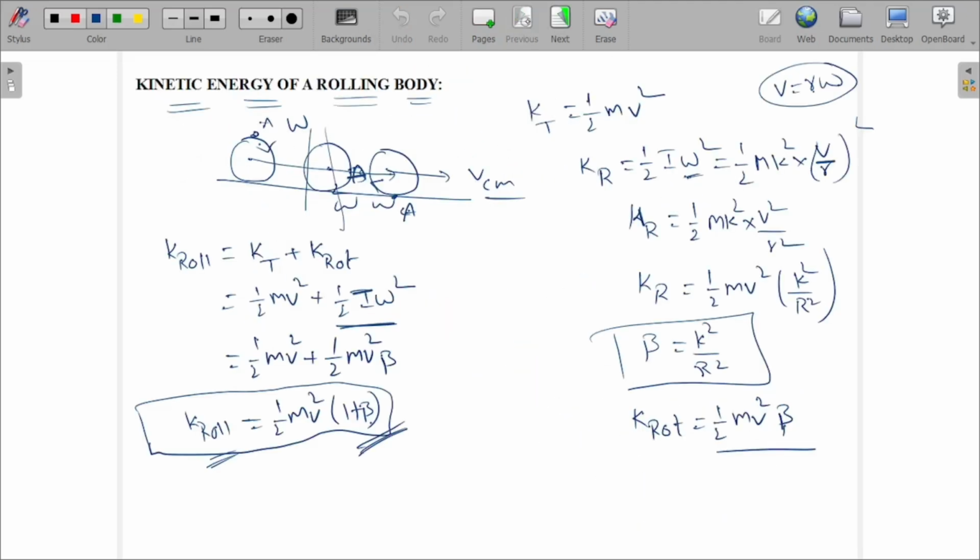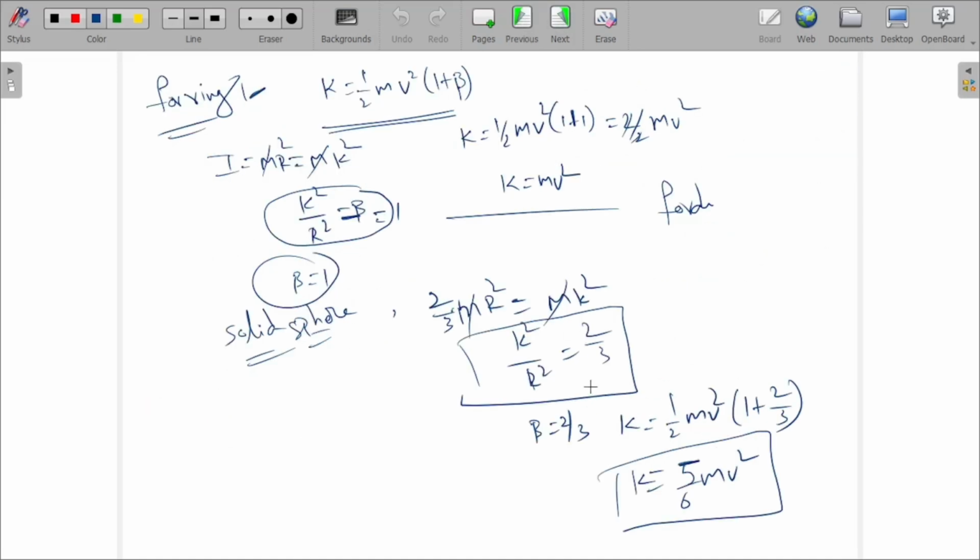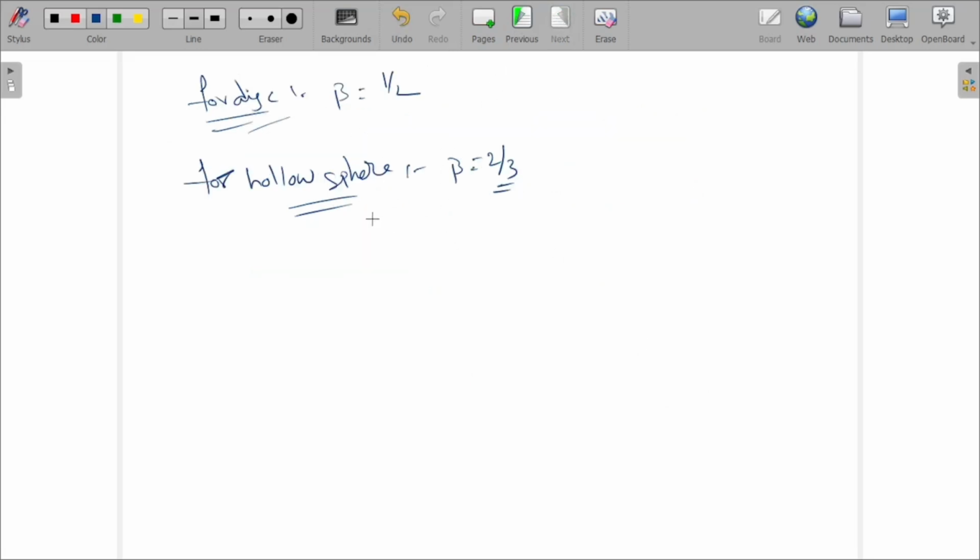Check, in this case we did something wrong here. It is 2 by 5 m r square for the solid sphere, so it is 2 by 5, and 5 plus 2, 7, and it is 10. So it is 7 by 10 m v square. So this is the kinetic energy in this case. You substitute it properly. Clear? So this is for disk and this is for hollow sphere.